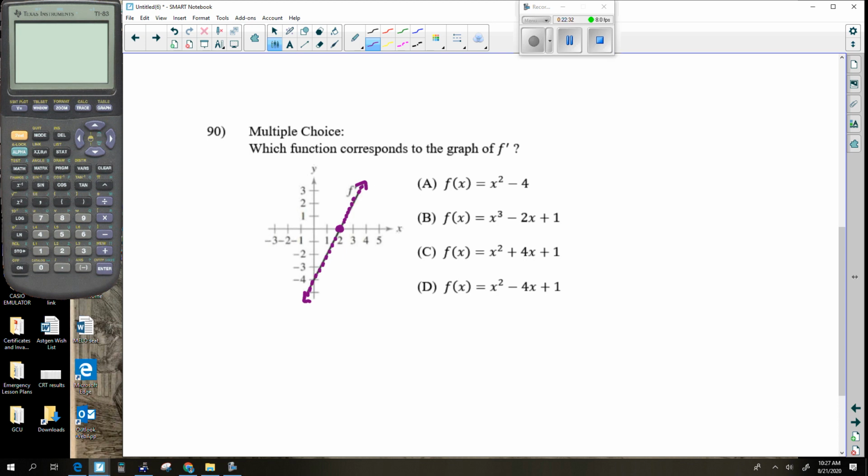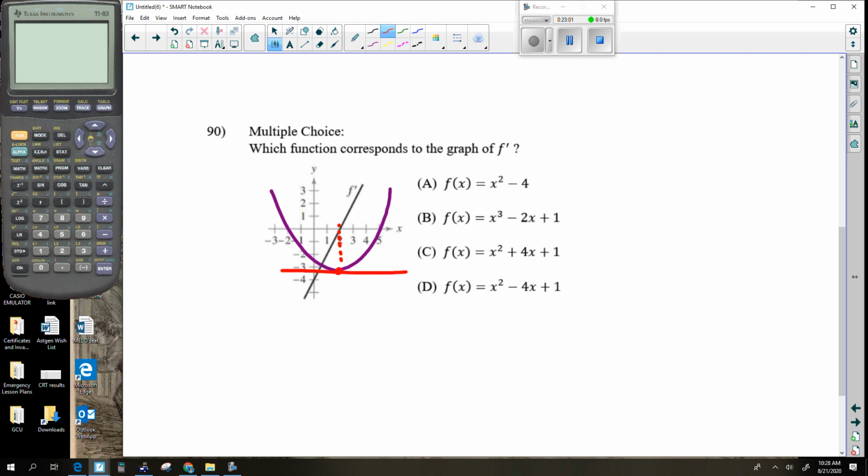So it will look potentially something like this. The slope of the tangent at 2 is 0.